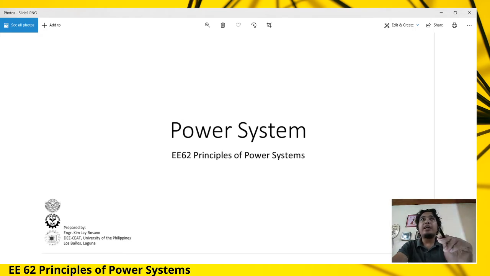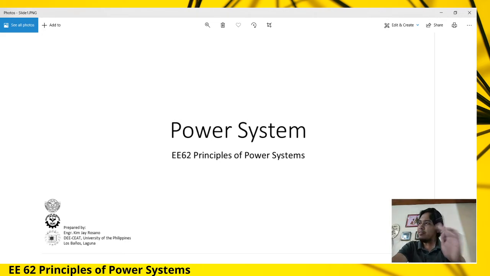Basically, yung ginagamit yung power sa bahay nyo, yung power na ginagamit ko ngayon to power my devices, it's being generated in a power system, and then it's being transmitted, it's being distributed para magamit ko as an end user. So that's the general idea. Okay, so that's basically a power system.